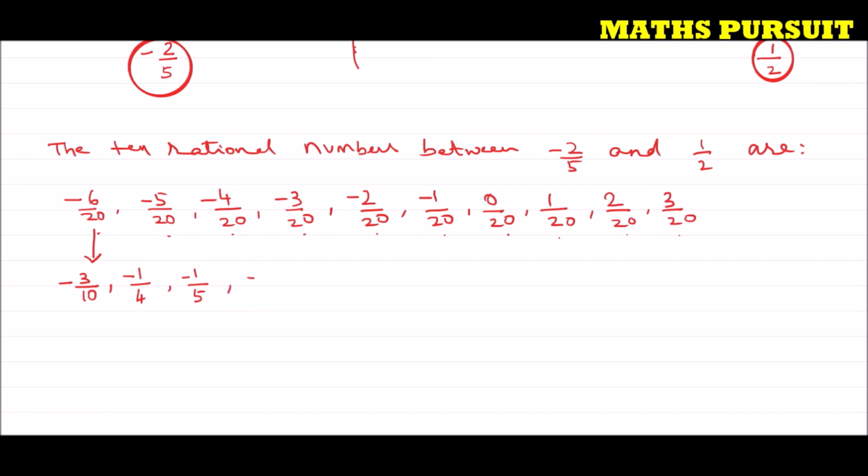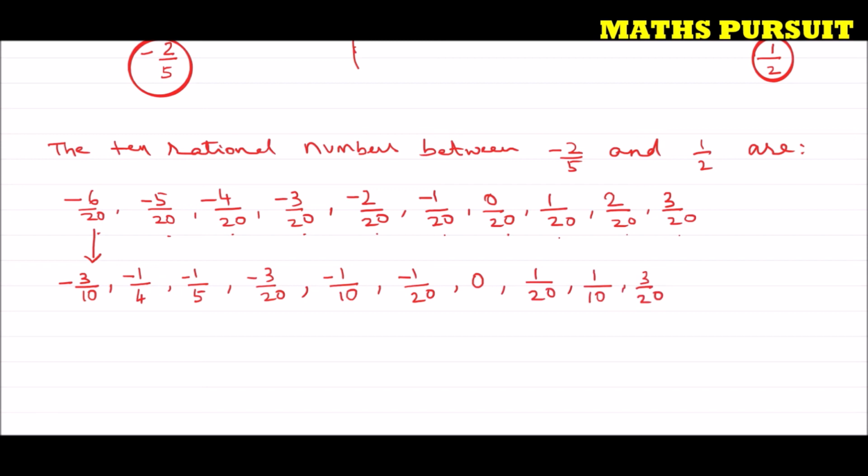Then here I can write minus 3 upon 20. Here minus 2 upon 20 is nothing but minus 1 upon 10, since 2 1s are 2, 2 10s are 20. Then I can write minus 1 upon 20, then 0 upon 20 is 0, then 1 upon 20, then 2 upon 20 is nothing but 1 upon 10, then 3 upon 20.